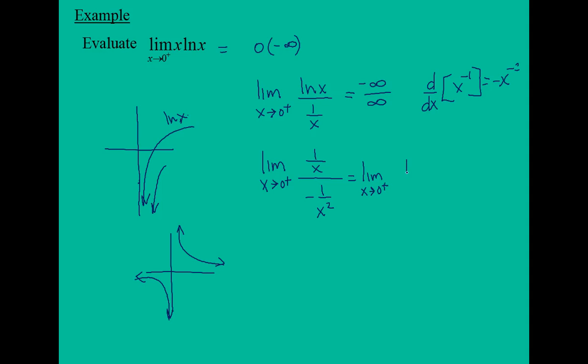We have 1 over x, and then we invert and multiply, so times negative x squared over 1, and that reduces down to negative x as x approaches 0 from the right. Now we can use direct substitution, and we can see that would be 0. So there's our limit: the limit of x times ln of x as x approaches 0 from the right equals 0.